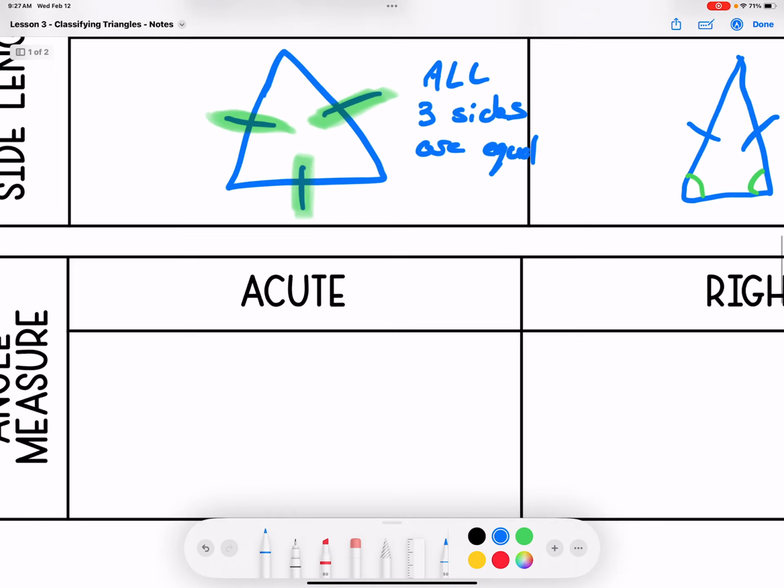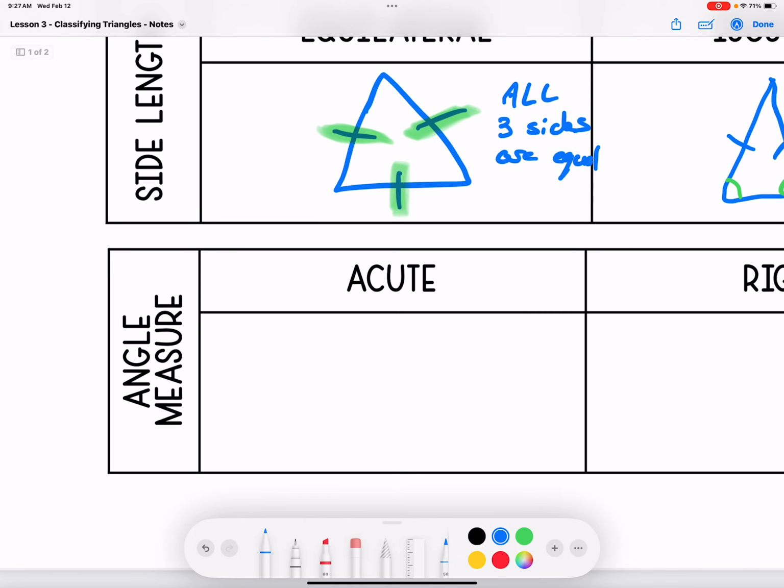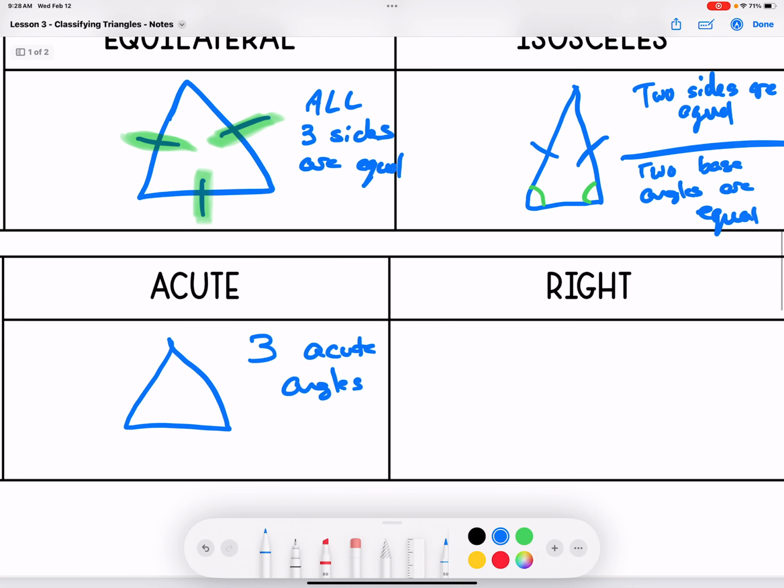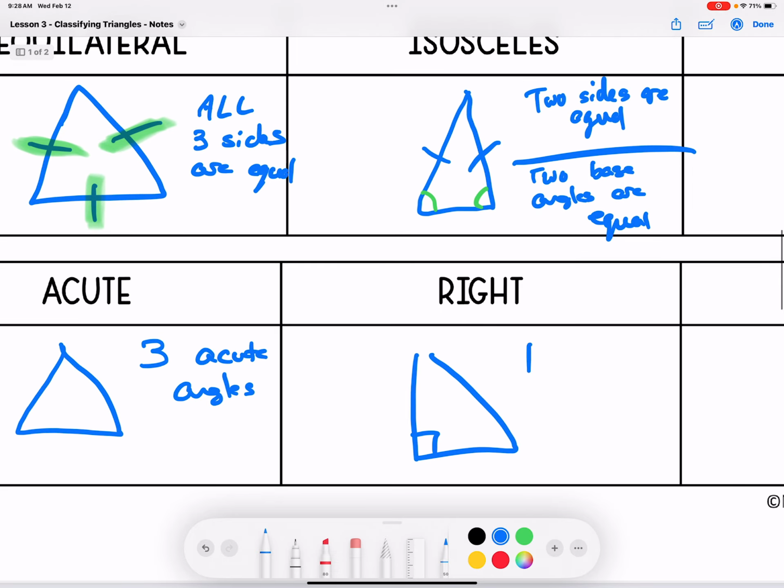There's three types of angle measures. There's acute, which means three acute angles within it. A right angle, what do you think that's going to mean? That's going to mean there's one right angle.